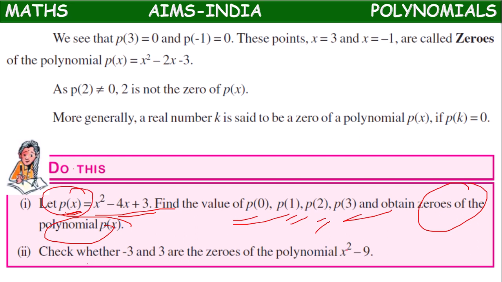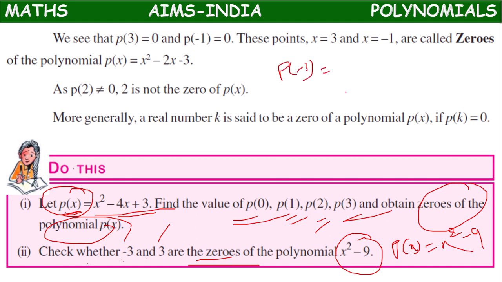In the same way, if you name this expression p of x equal to x square minus 9, then check whether minus 3 and 3 are zeros of the polynomial or not. They are asking us to check. If I keep minus 3 in the place of x, then p of minus 3 will become minus 3 whole square minus 9.